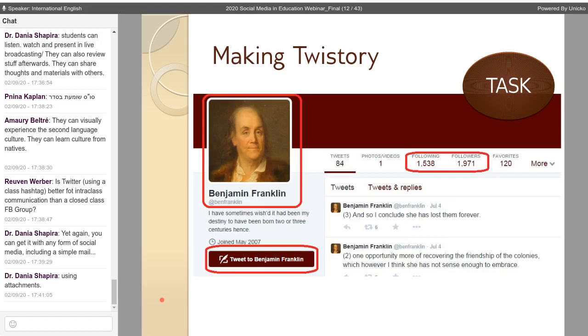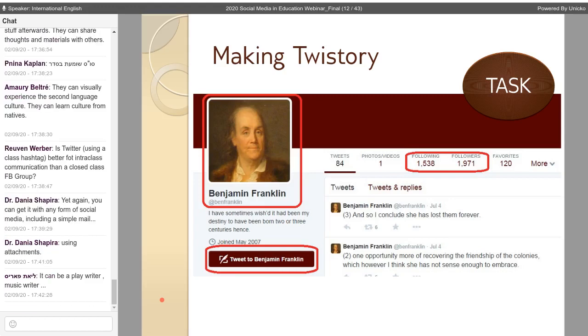How would you use this activity to make it relevant to your students? How would you use Twitter to teach music, to teach art, to teach geography, to teach chemistry? It can be a playwright, music writer.